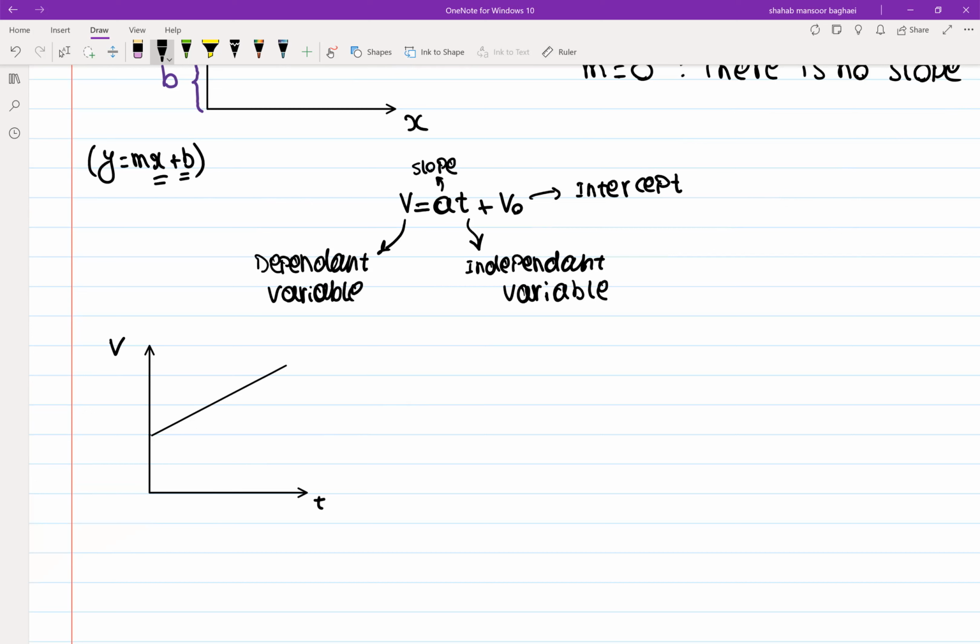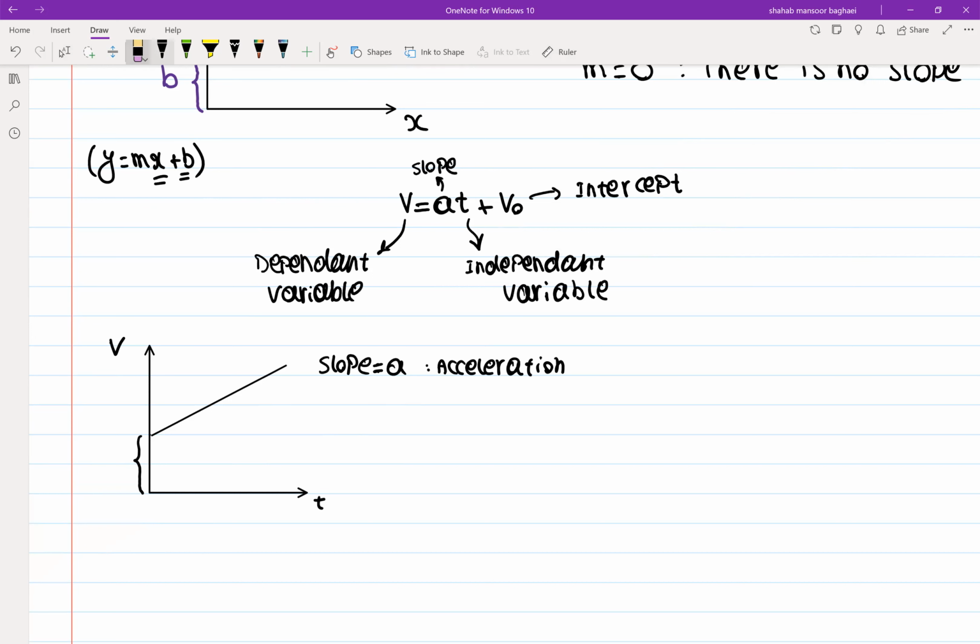According to this graph, the slope or rise over run is the acceleration of the particle. a is equal to a, acceleration. Here, if you look at this intercept, I told you v0 is the intercept here.